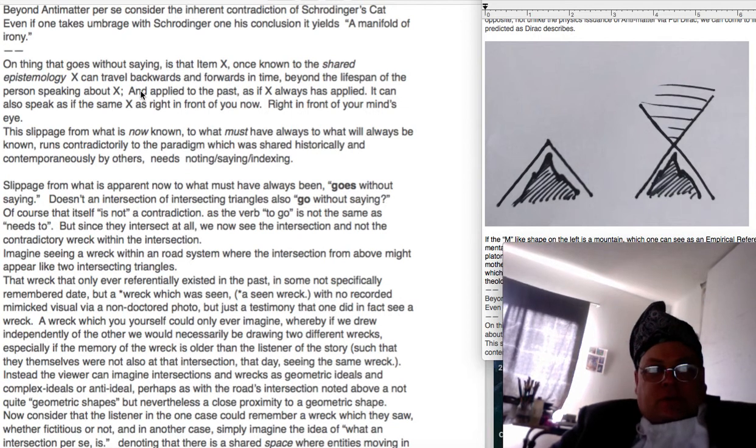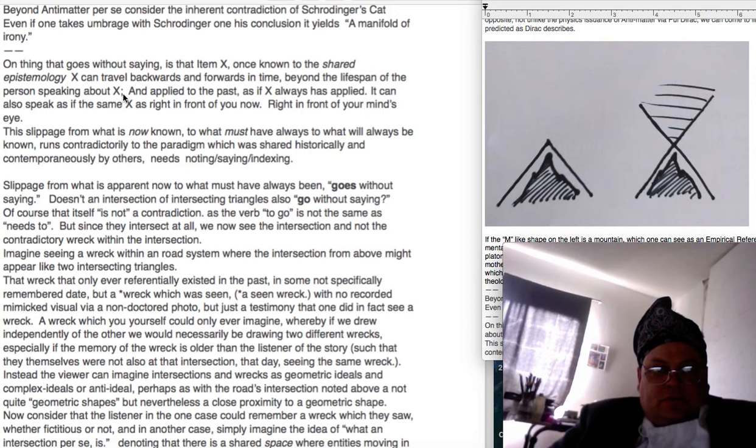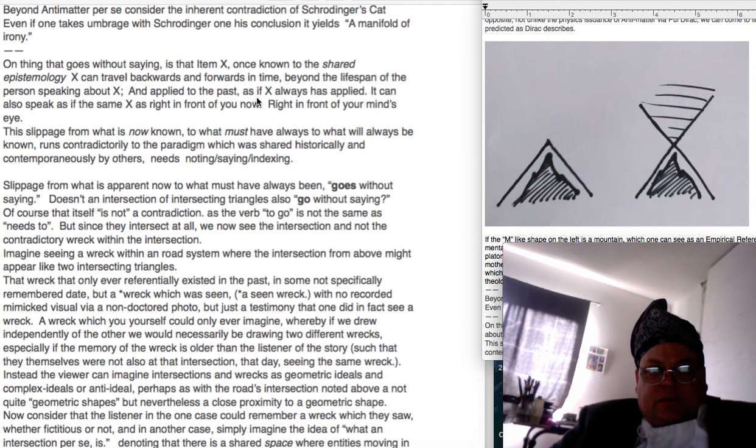One thing that goes without saying is that item X, this X here, once known to the shared epistemology, X can travel backwards and forwards in time beyond the lifespan of the person speaking about this stellated X, and applied to the past, as if X always has applied.